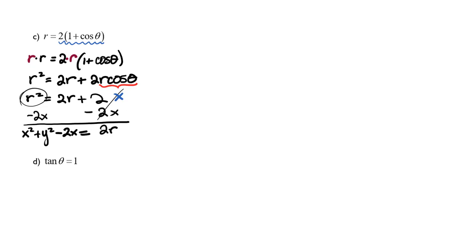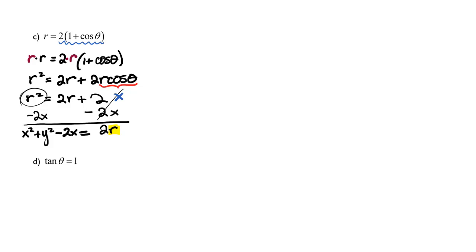This isn't entirely helpful yet because I still have this r here, and that is a problem. I need to figure out how I'm going to make this work. I have x squared plus y squared minus 2x equals 2r.